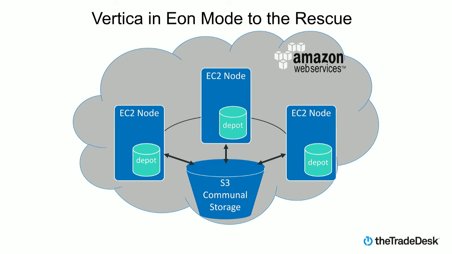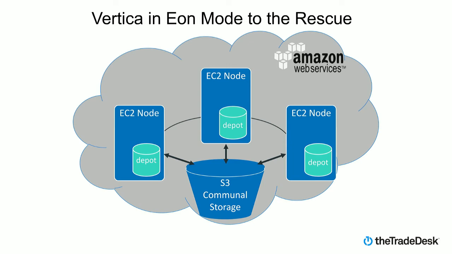So those nodes will reach out to S3 and run the query on remote storage. The nodes are literally reaching out to the communal storage for the data and processing it entirely without using any data on the nodes themselves. And so that works pretty well.